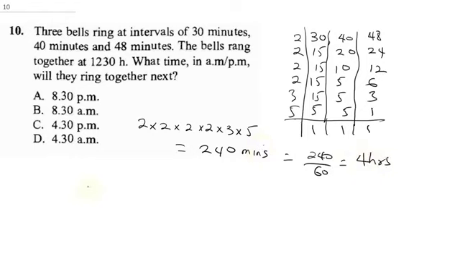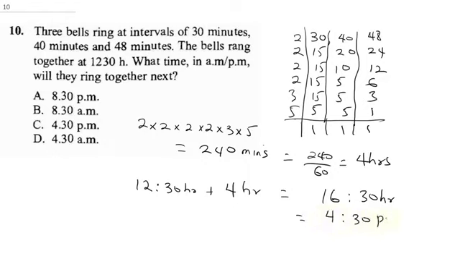So what I'm going to do is add 12:30 hour plus 4 hours. This will be 16:30 hour, and this is the same thing as 4:30 p.m. So the correct answer here is C.